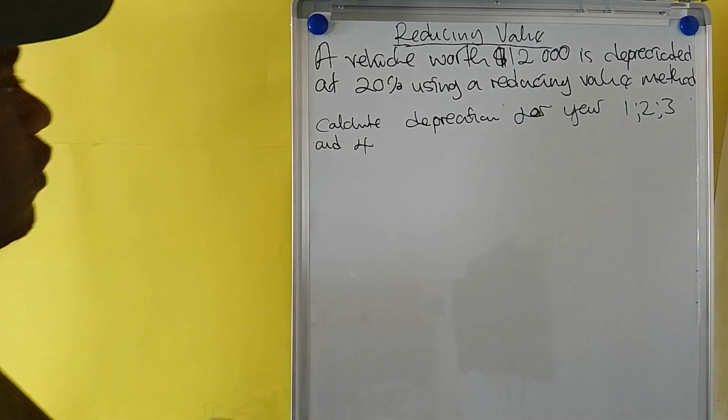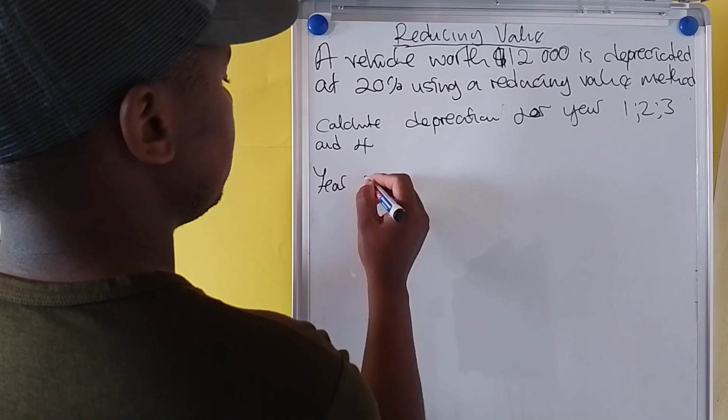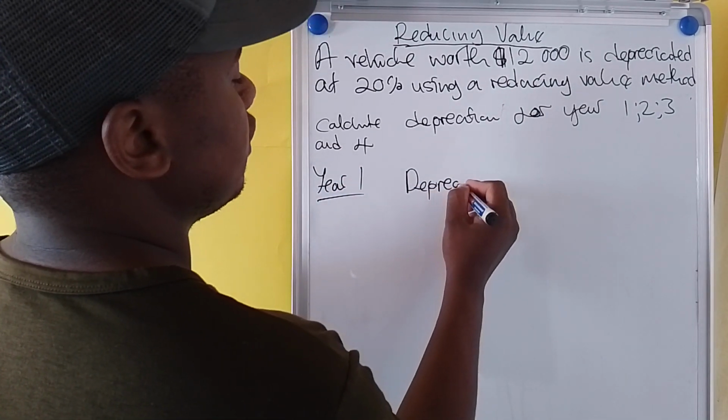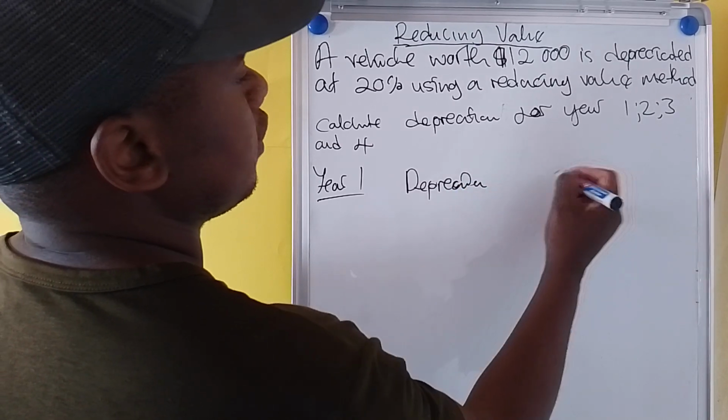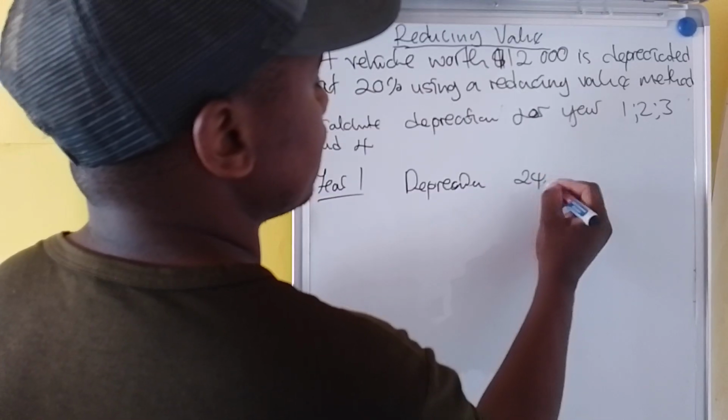For year 1, depreciation is debited with 2,400.